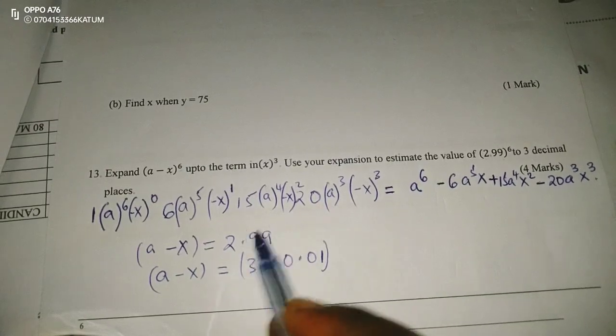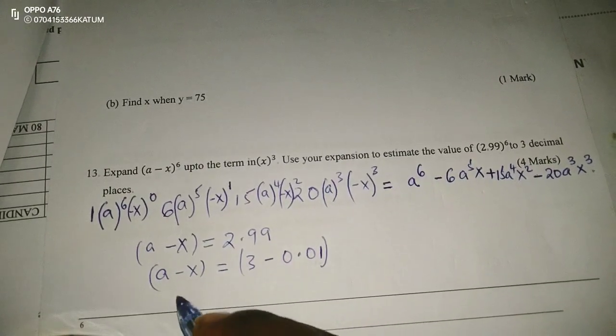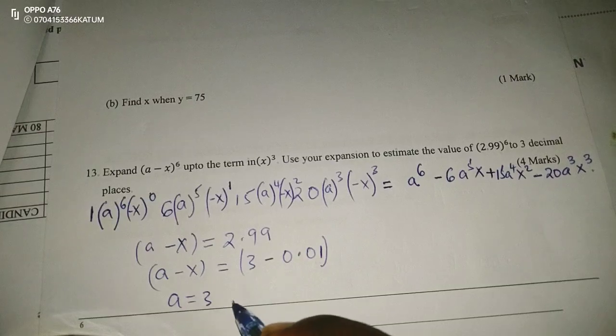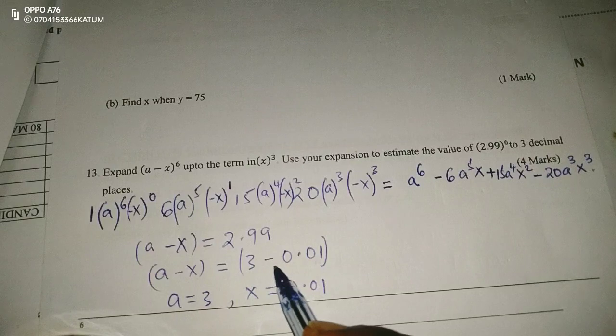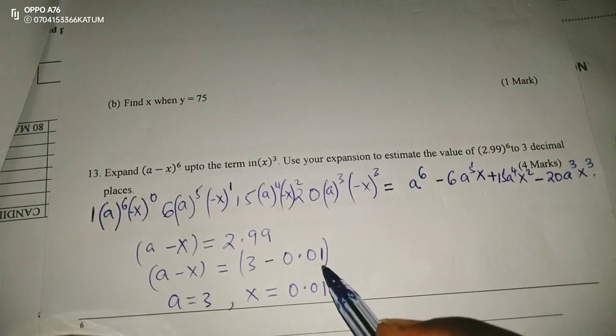Therefore, now this one expressed in this format, we can say a is 3 and x is equal to 0.01, because negative x equals negative 0.01. The negatives will cancel.